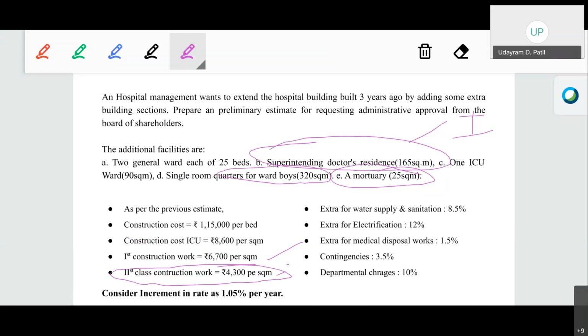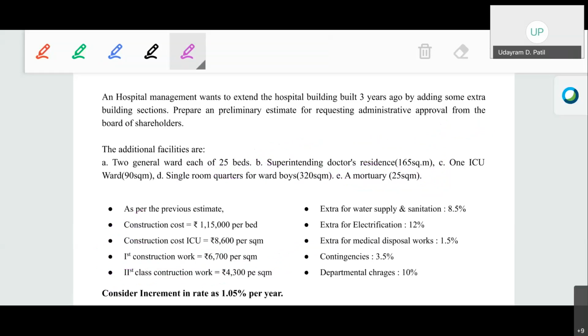For each item, the rate for each type of construction work is already given, as also the extra cost for services like water supply, sanitation, and electrical, and the extra cost for contingencies and departmental charges. As we already know, departmental charges means supervision charges; there is no difference between them.